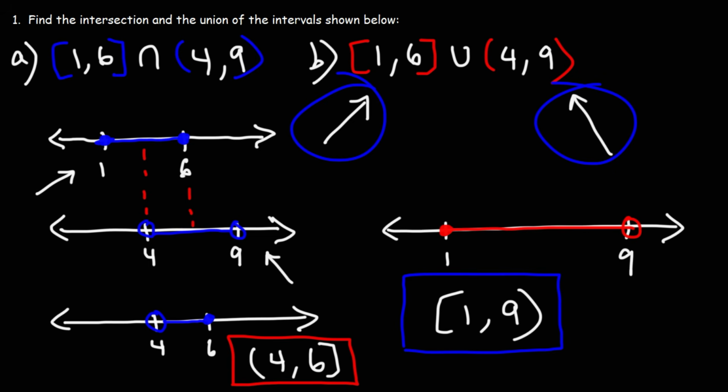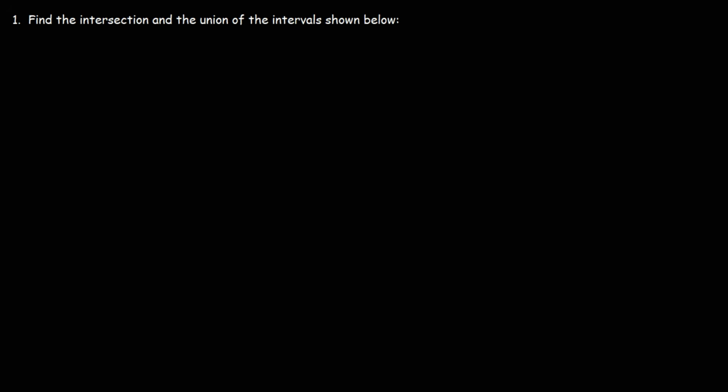Now let's try another example. Feel free to work on this problem. So the first interval is going to go from negative infinity, and we're going to stop at 4.